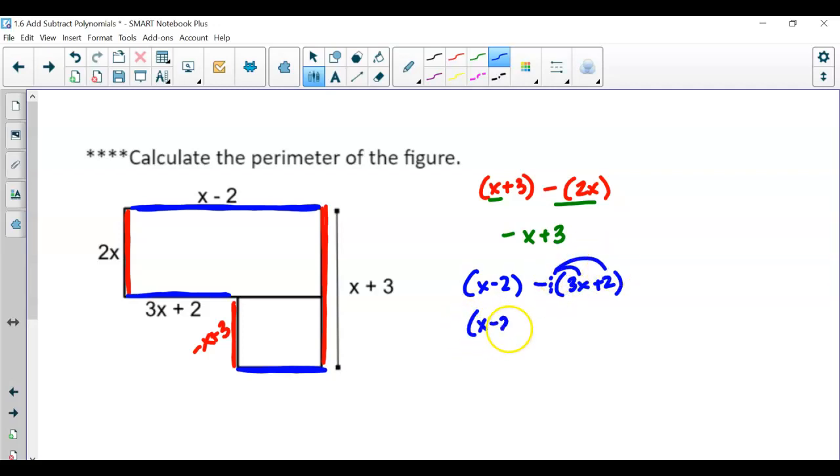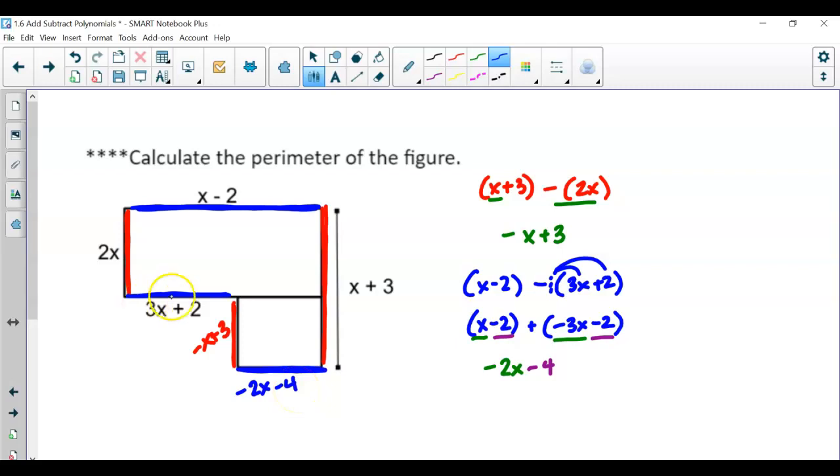So we are combining x minus 2 with negative 3x minus 2, because you're distributing the negative here. Now I've got x minus 3x, which is now negative 2x. Then combining here, negative 2 minus 2, which is negative 4. So this missing side here is negative 2x minus 4.